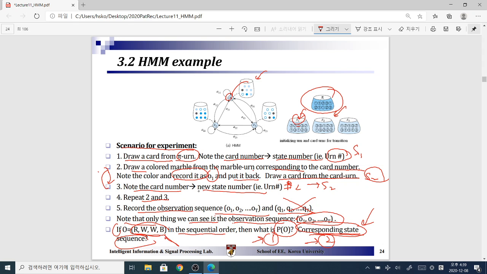So given a certain observation sequence, and we just saw with that hand waving motion, given a specific order of these features from the hand waving in a certain sequence of observations, what will be the corresponding state sequence?